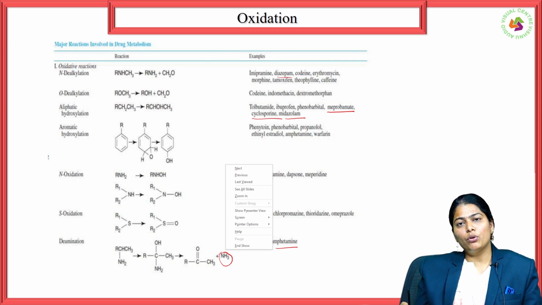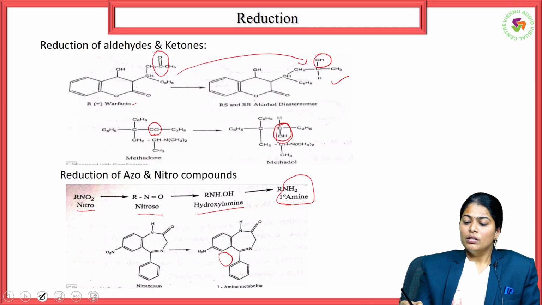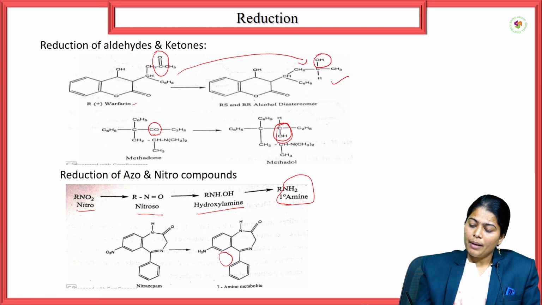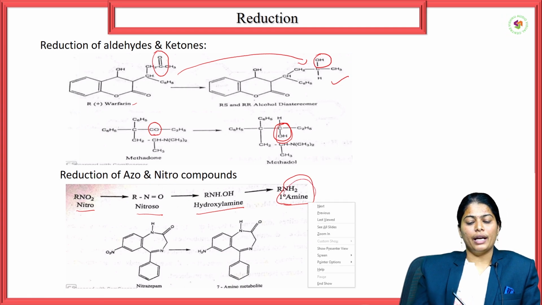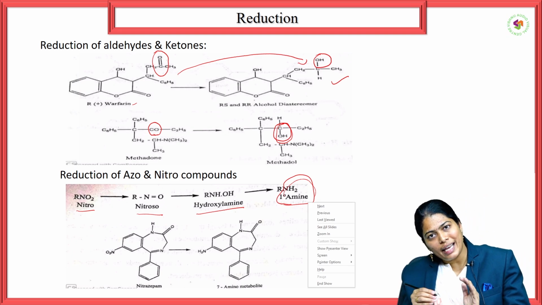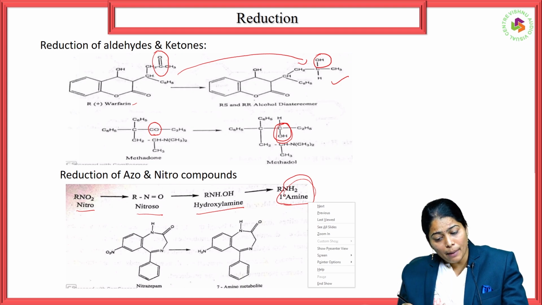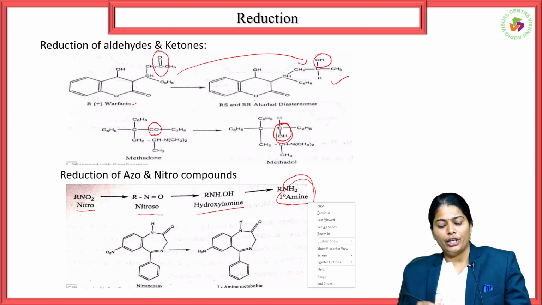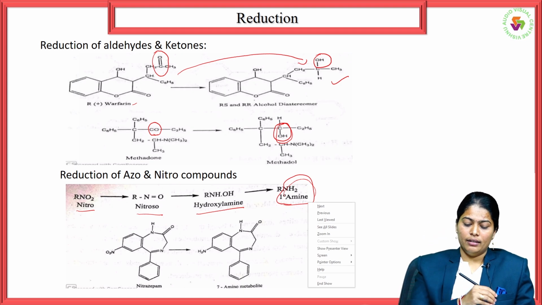But here, the primary amine group is released from the compound. So this is the mechanism of reduction of nitro compounds. The nitro compound is first converted into a nitroso compound, next into a hydroxylamine compound, and later on into a primary amine.